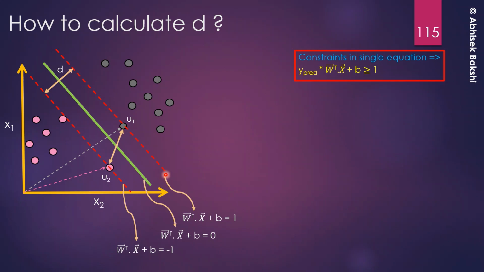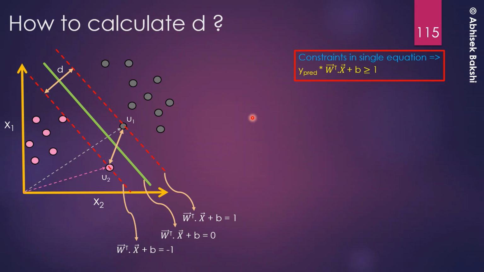Once we project them, the direction of U1 and U2 remains the same, which is perpendicular from the origin to the red straight line. Once their direction becomes the same, then simply finding the difference between the projected U1 and projected U2 will be nothing but the difference D, right?